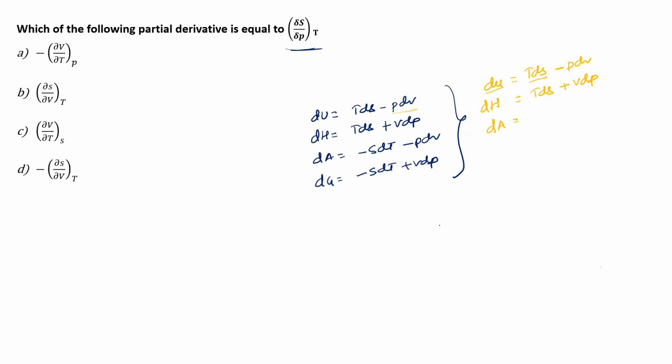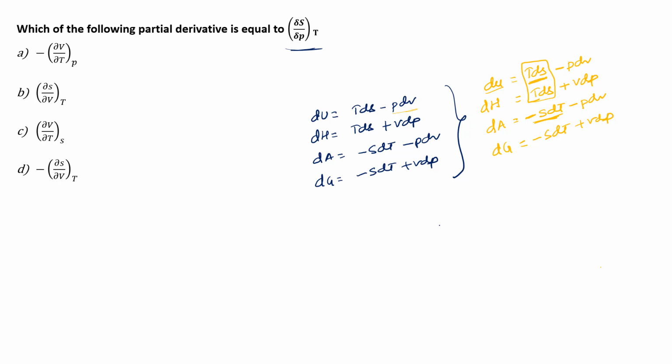In the next case we are going to change the first term, so you will change it with a negative sign, so minus SdT. dA and dU will follow the same trend in the second part, so it will be minus PdV. Then next is dG. The first term will be the same as for dA, so minus SdT plus VdP. This is the trick which I have followed.